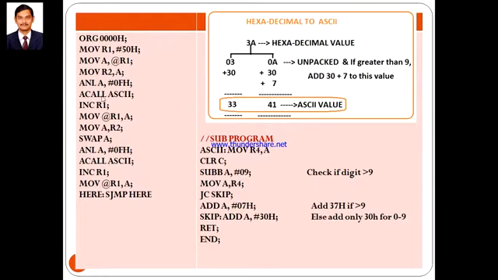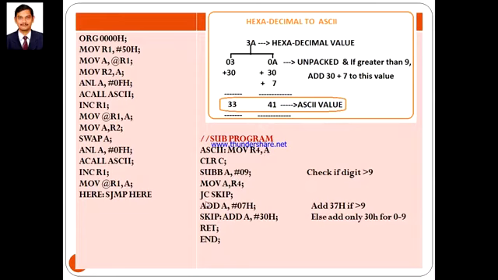Now we are going for calling a subroutine program, checking whether the given data lies within 0 to 9. If it is greater than 9, then we have to go for 37 addition. The equivalent value would be 41, the equivalent ASCII value. So this particular set of instructions validates whether the given data lies between 0 and 9.